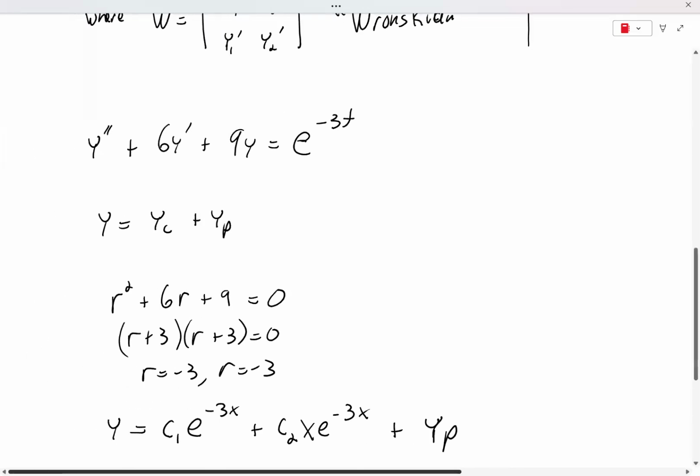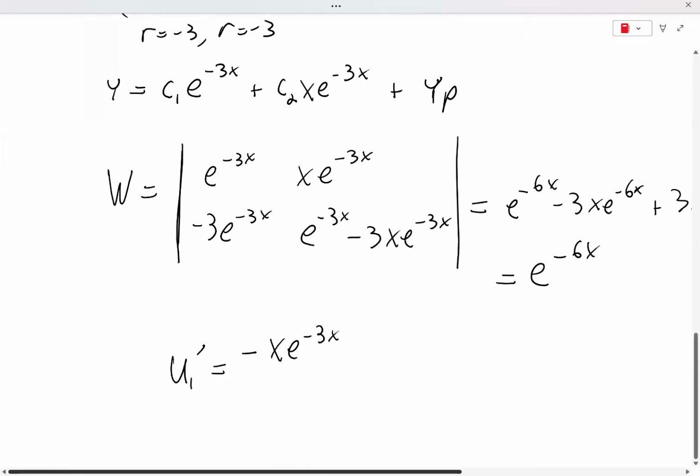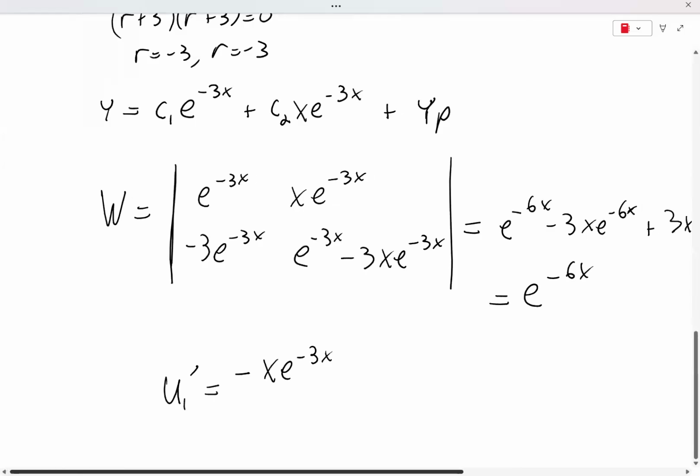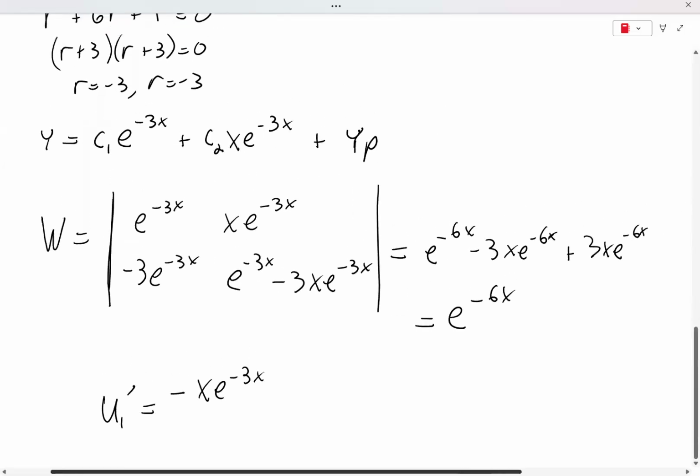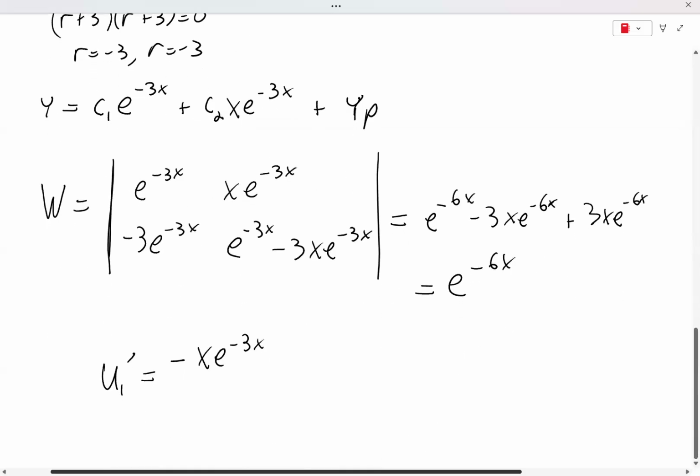I'm going to take the t out here and just call this an x. I mixed up my independent variables here. We'll do that there. And then it's e to the negative 3x. That's the f of x. Over W, so that's e to the negative 6x.